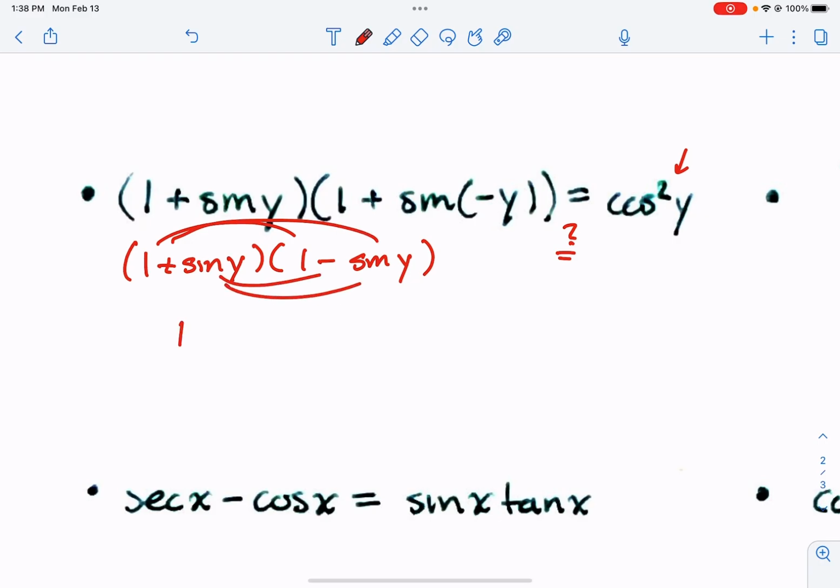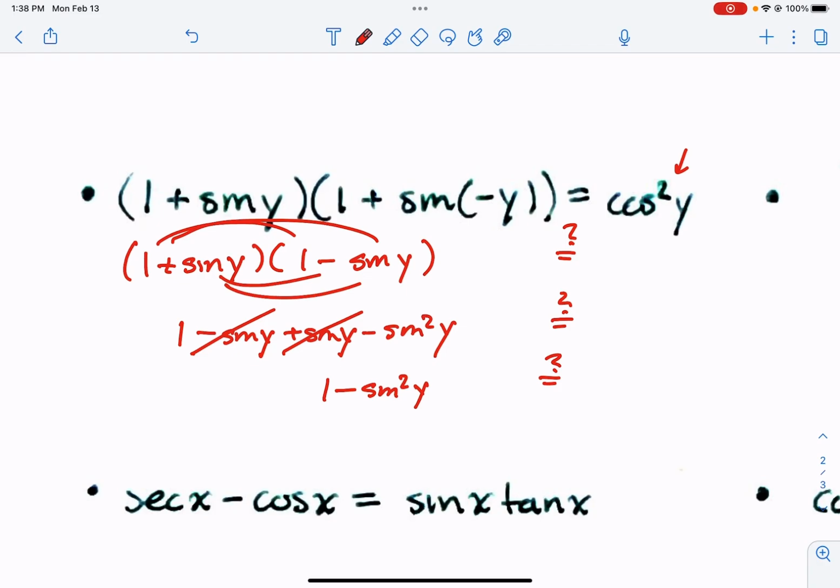Okay, so we get 1 minus sine of y plus sine of y, and then minus sine squared y. Right, those are my 4 terms. Well, notice the 2 middle terms cancel, and we're left with 1 minus sine squared y.